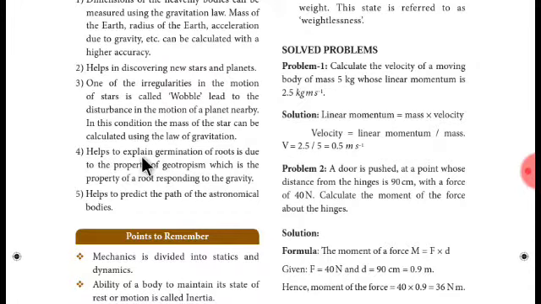Then, helps to explain germination of roots due to the property of geotropism. Geotropism means the root is going downwards towards the earth, and that is called geotropism, which is the property of a root responding to gravity. So if you keep any plant or tree in an upright position, you won't see the root growing in an upward direction.